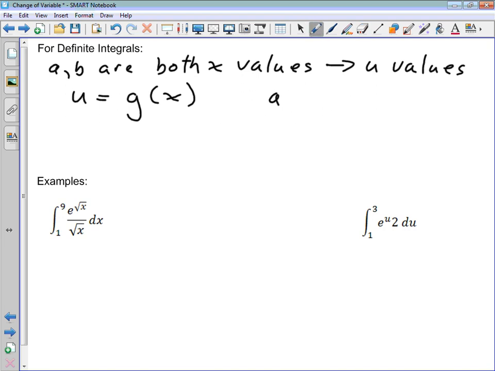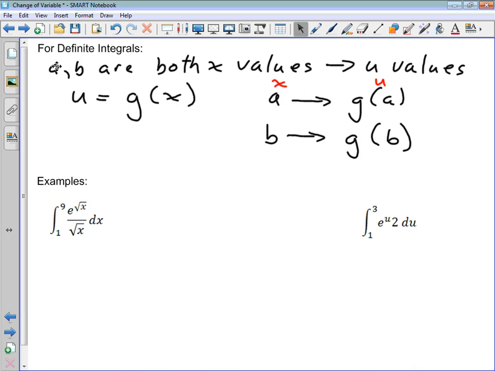So our limits of integration, a and b, if we're integrating over x, become, if we're integrating over u, g at a and g at b. Okay? We use our function u equals g of x to convert from values of x to values of u. Okay?